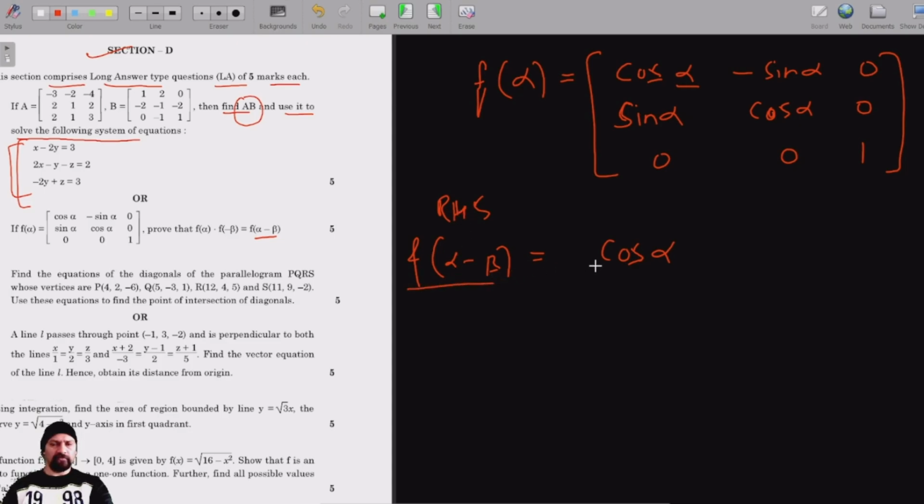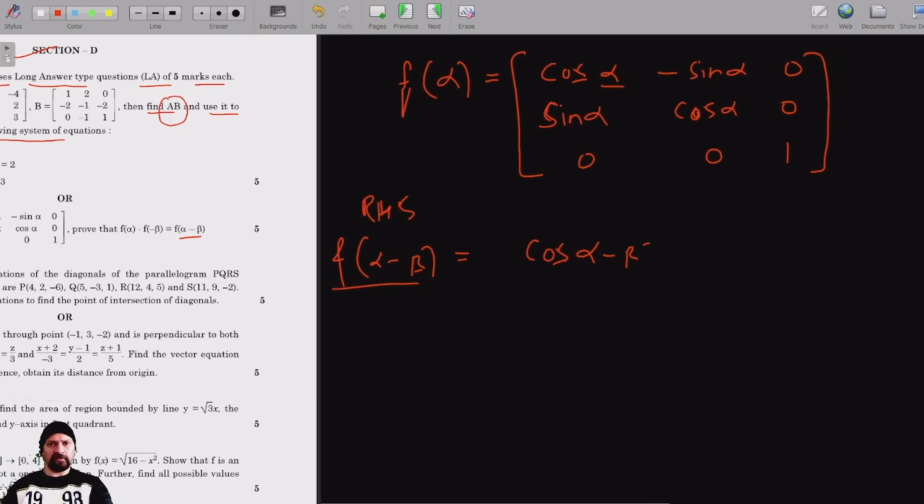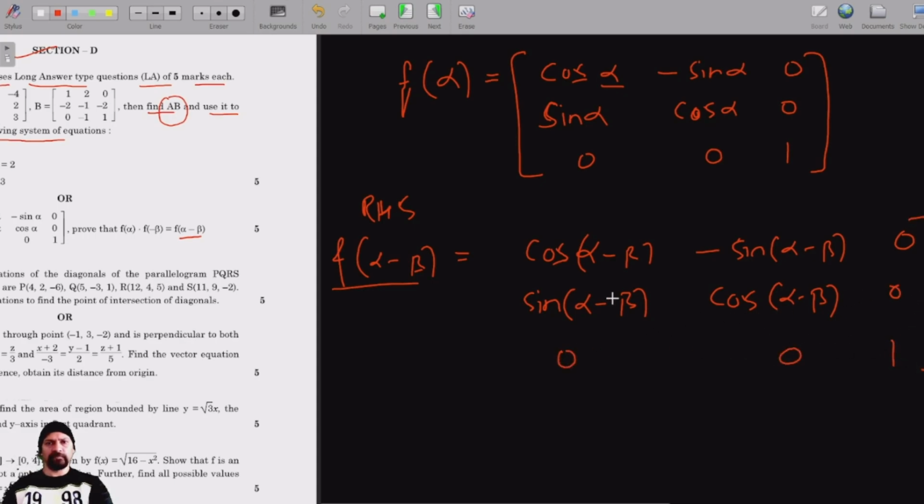So RHS is f of alpha minus beta, which is cos of alpha minus beta, minus sine of alpha minus beta, 0, sine of alpha minus beta, cos of alpha minus beta, 0, 0, 0, and 1.